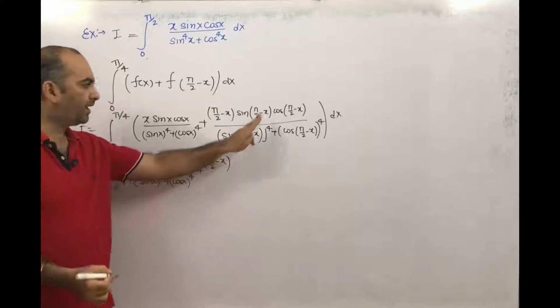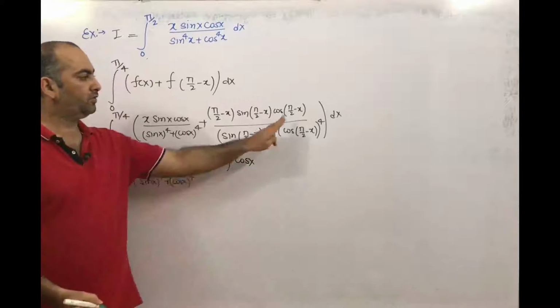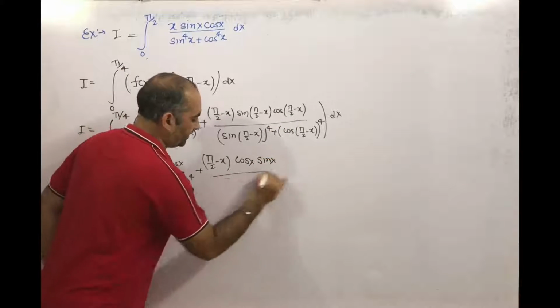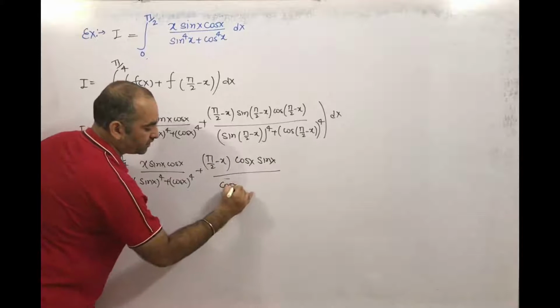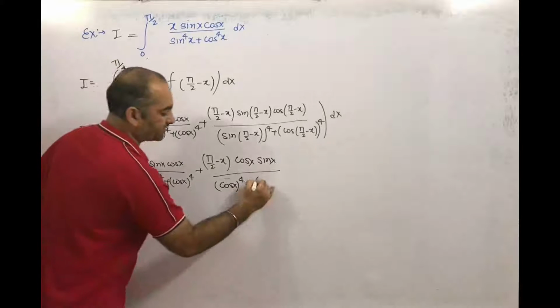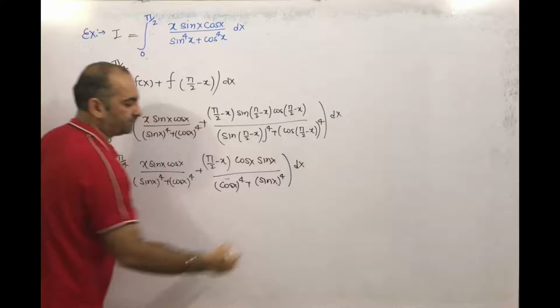Sin of pi by 2 minus x is cos x, into cos of pi by 2 minus x is sin x, divided by sin pi by 2 minus x which is cos x to the power 4, plus cos pi by 2 minus x which is sin x to the power 4 dx.